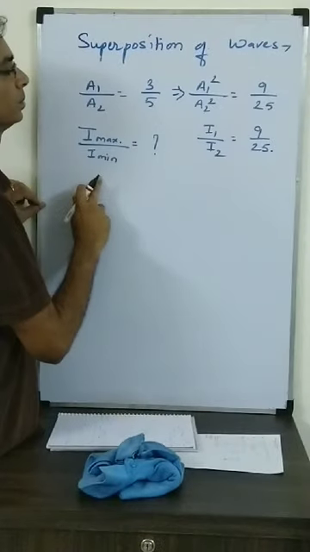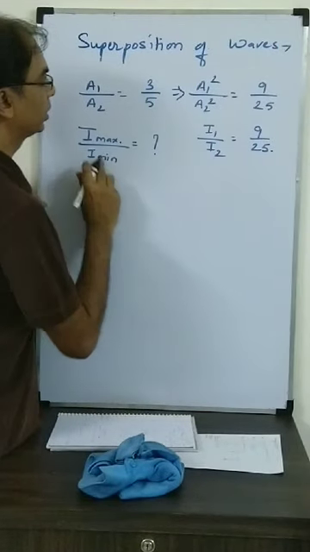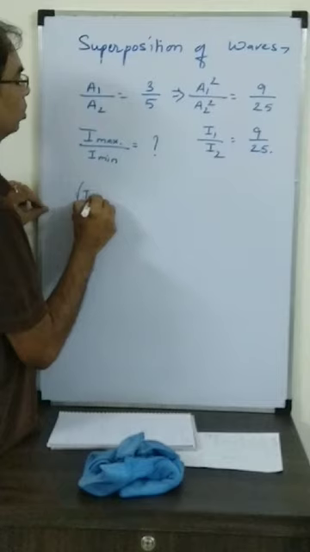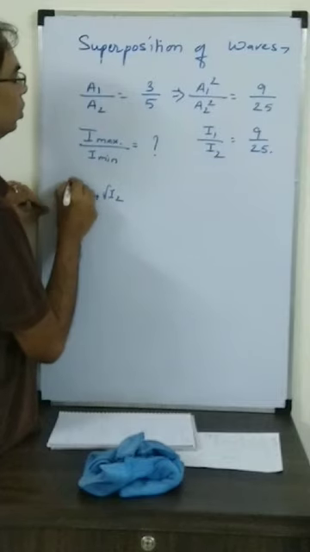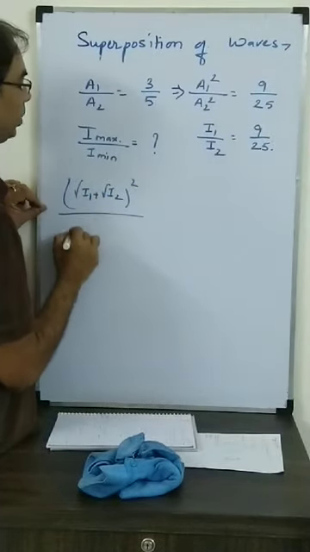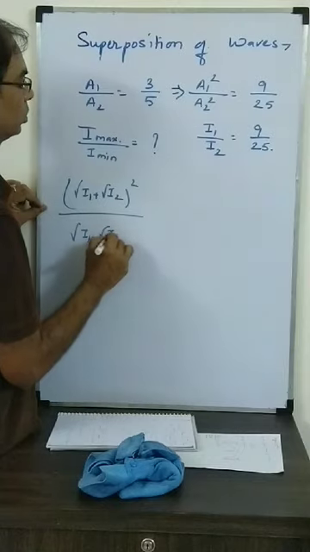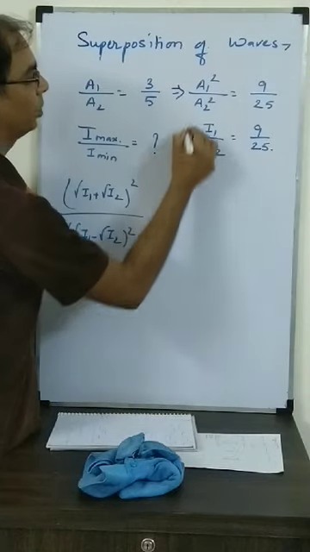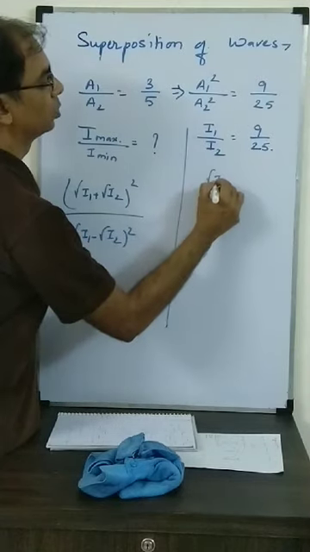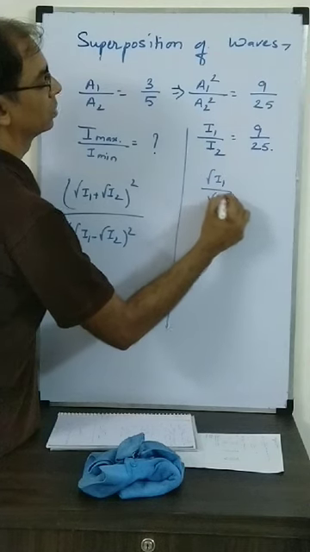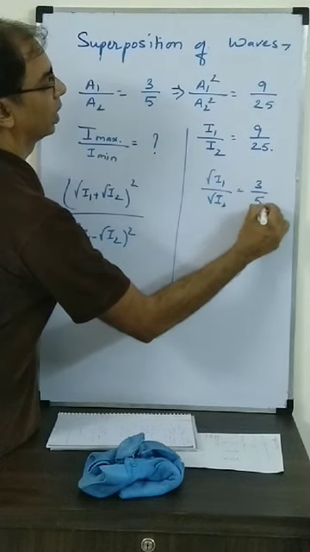Now what do I want? I want root over I, because I maximum is root over I1 plus root over I2 whole square, and minimum is root over I1 minus root over I2 whole square. So first I go to root over I1 by root over I2, which is 3/5 again.